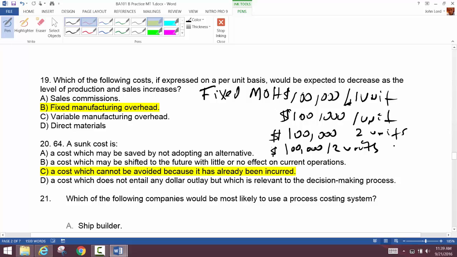It's now 50,000 per unit, isn't it? So what happens? I went the wrong way. I probably should have started here and gone to here to make my example relevant to the question. If the level of production decreases, then the fixed cost per unit will increase?